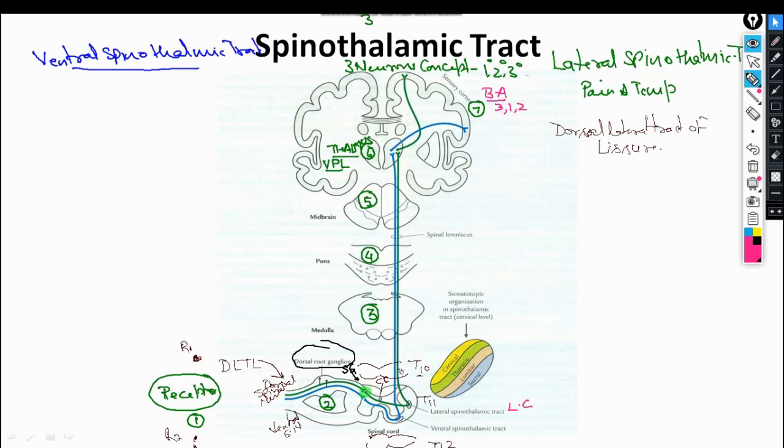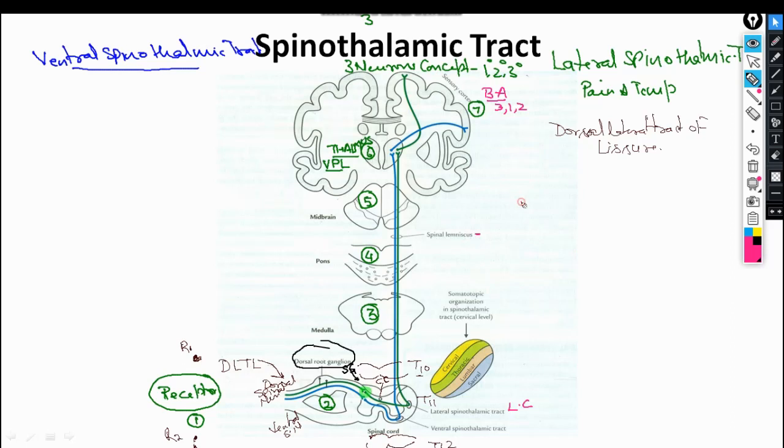The axon fibers, when they pass off the spinal cord and reach the brainstem, this lateral spinothalamic tract together with the ventral spinothalamic tract, they form together a thick cable which is known as the spinal lemniscus. So spinal lemniscus, they are myelinated axons, and this is the spinal lemniscus. Now let us understand two important clinical points of this lateral spinothalamic tract.